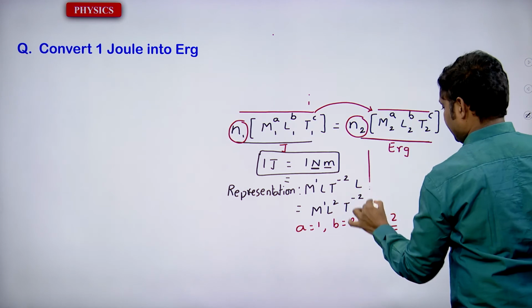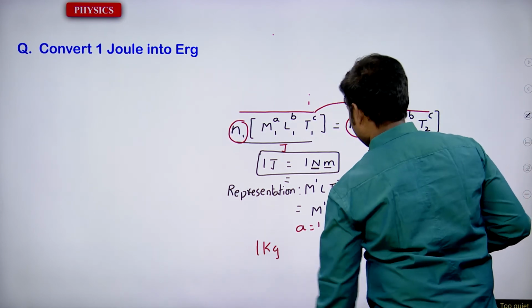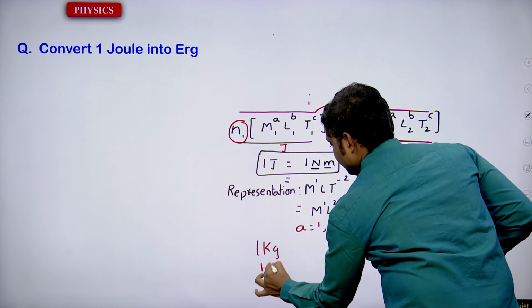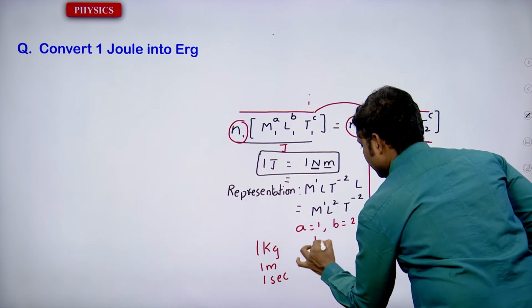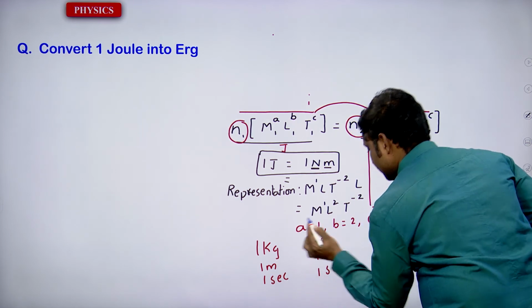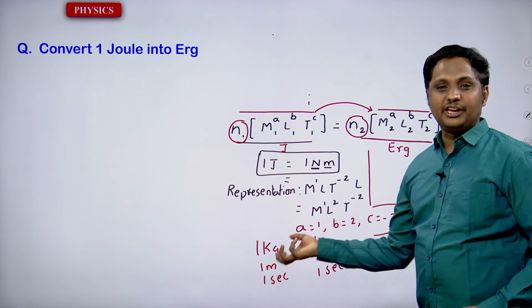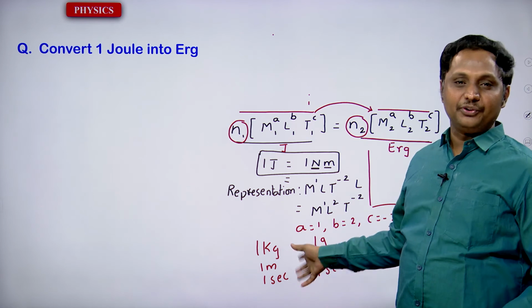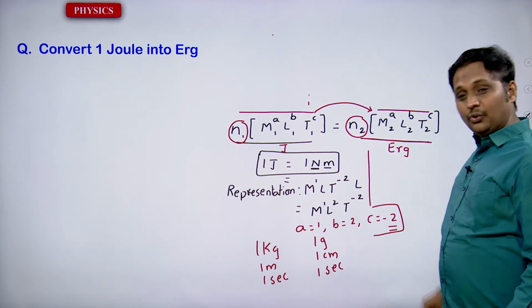We are going to take 1 kg, 1 meter and 1 second, and 1 gram, 1 centimeter, 1 second. We have to take this in the two systems of units. We can represent the base quantities in terms of their units. It is very clear. All right, we would like to go for this one.